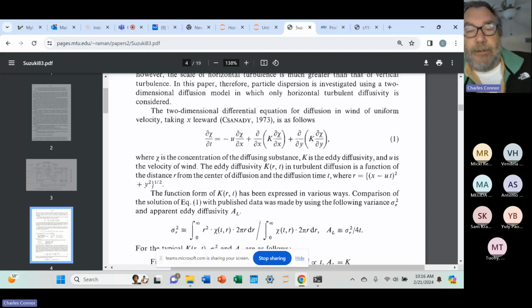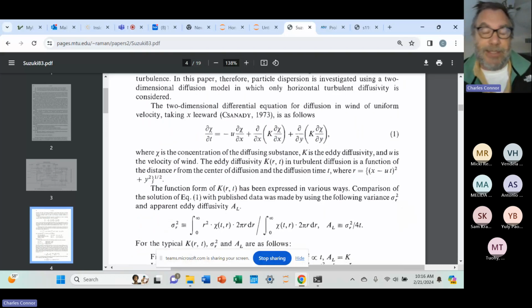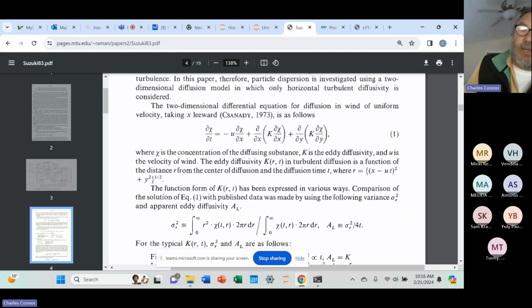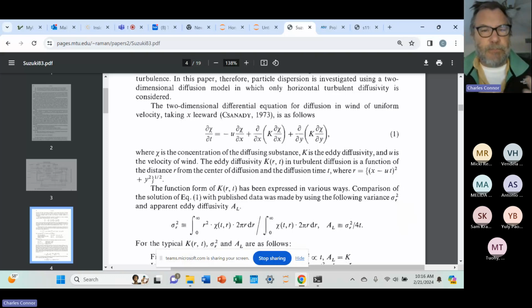And so the nice thing about this is Suzuki didn't have to do a lot of basic research on this equation. It already existed because it's been applied to a ton of problems, everything from pollution dispersion in the atmosphere to groundwater contamination to other kinds of natural diffusion or advection diffusion processes that happen globally.